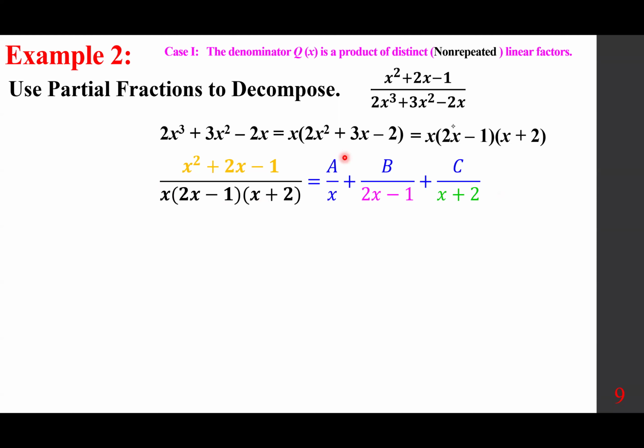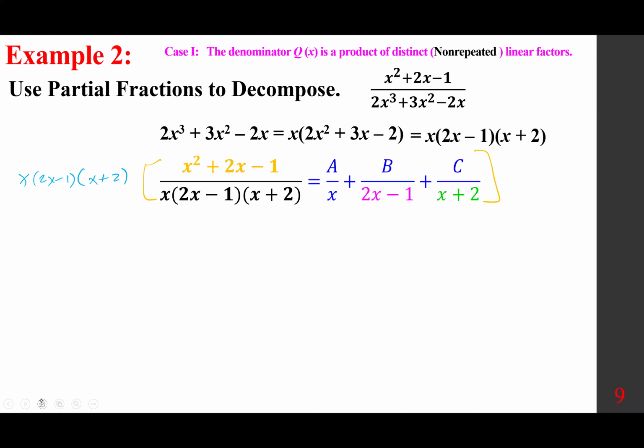Or you can say you do cross product. Either way, we want to clear out the denominators. So we are going to multiply both sides by the denominator, x times 2x minus 1 times x plus 2.